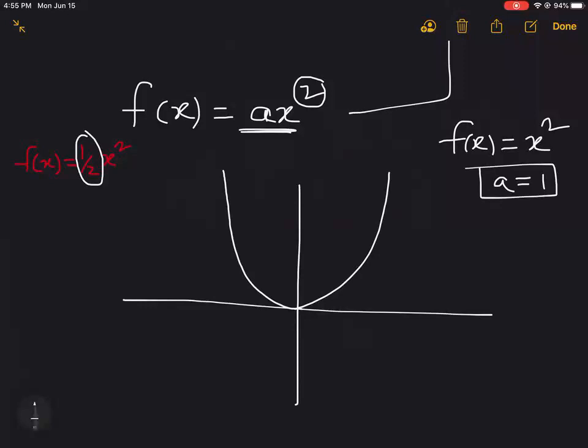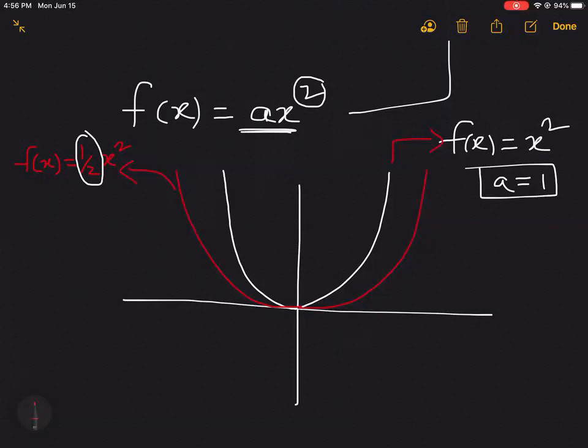Can you see that? So let me graph this. So this will be the new graph. I'm using different colors, so take a look at this. This is for this, this is for this. As you can see from the color as well, white is for the main function, red one is for the stretched one.